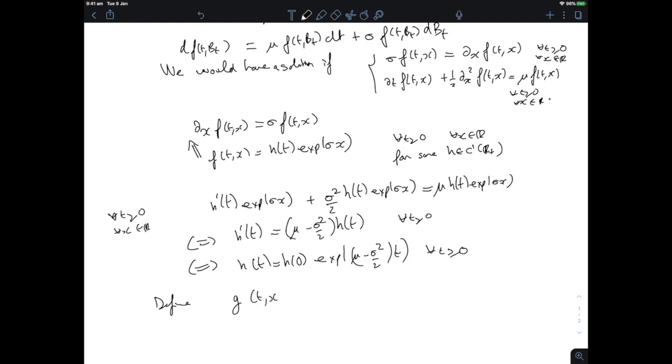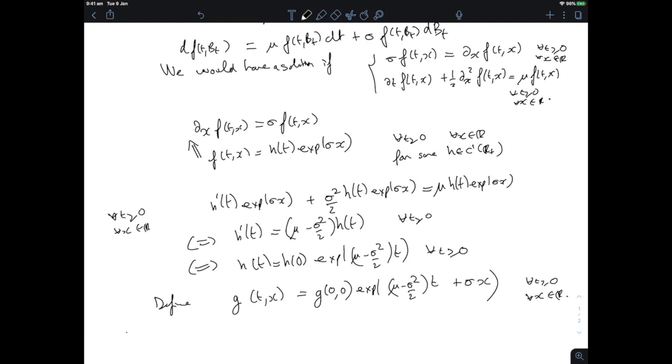So I'm going to define g(t,x) equal some value at 0, so g(0,0), times exponential of mu minus sigma squared over 2 t plus sigma x. So I define this certain function. It's certainly C1 in time and C2 in x. I mean, in fact, it's C infinity in both variables.